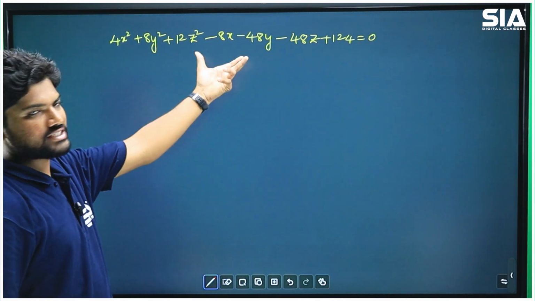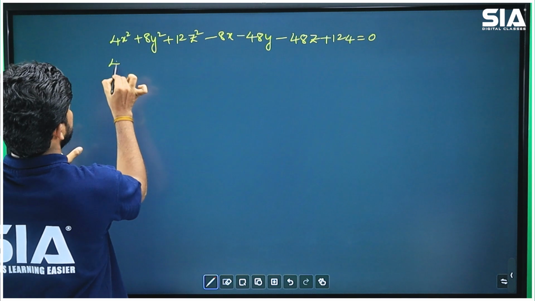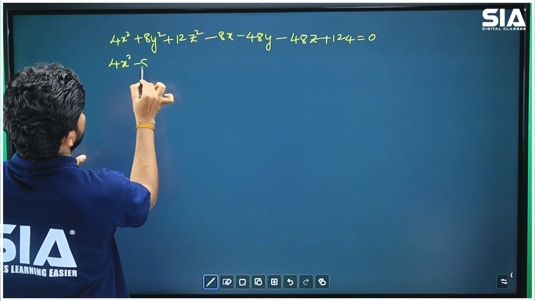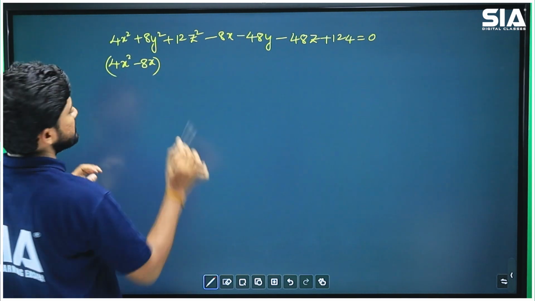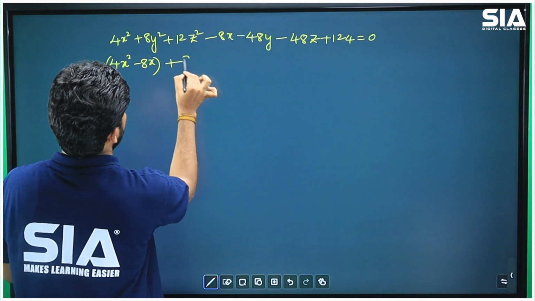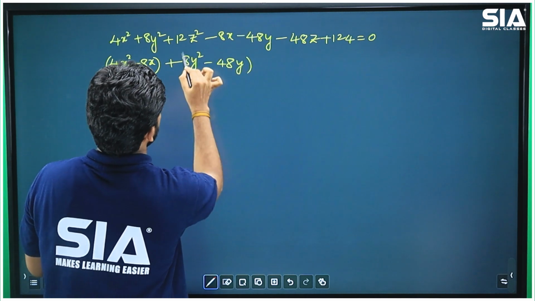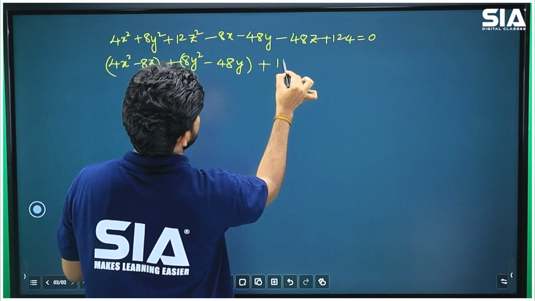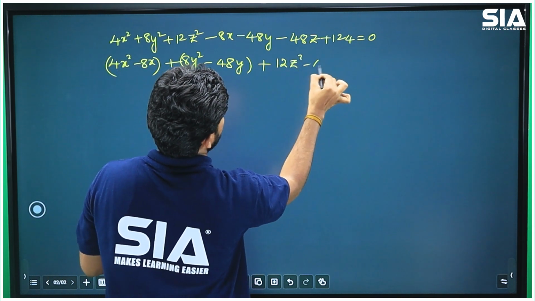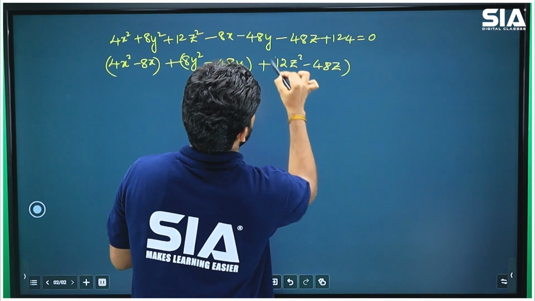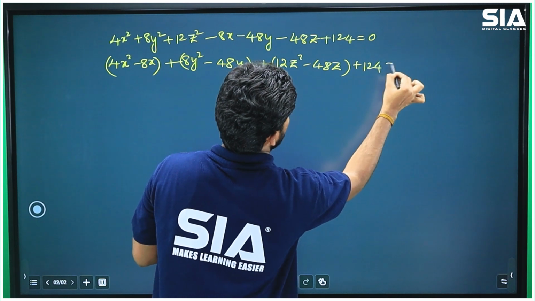Whenever you get an equation in this format, do one thing: write x terms at one place, 4x square minus 8x. Write y terms at one place, 8y square minus 48y. Write z terms at one place, 12z square minus 48z plus 124 equal to 0.